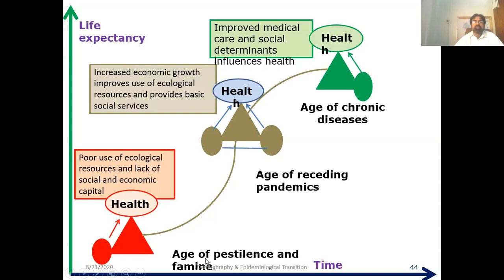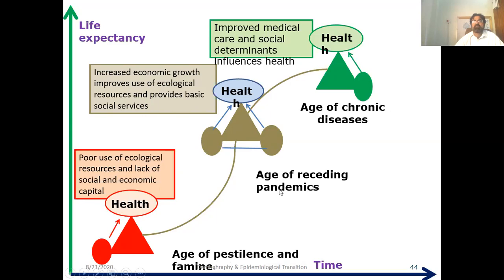So in the age of pestilence and famine, health was poor and life expectancy was lower. Now, in this stage, increase economic growth, improve use of ecological resources, and provide basic social services, and that increases the life expectancy.